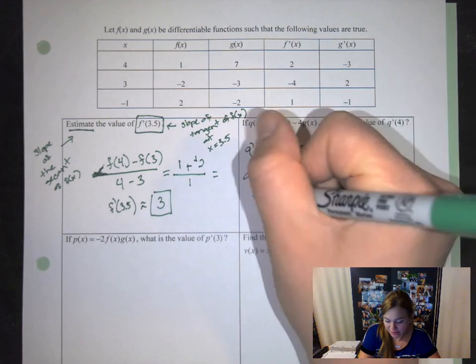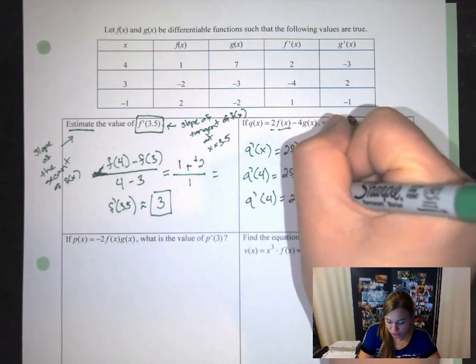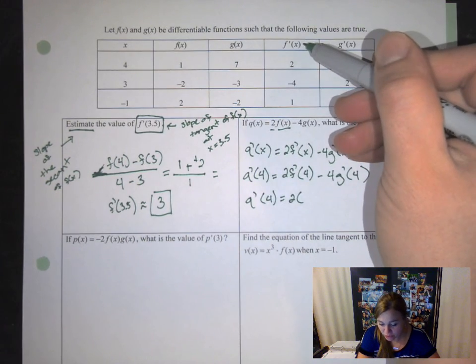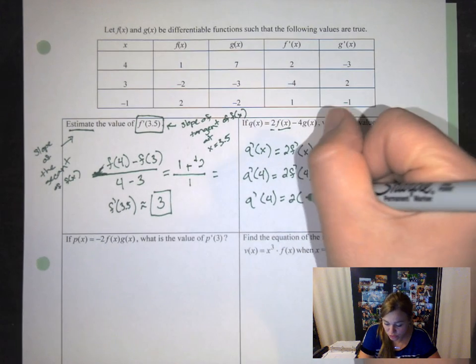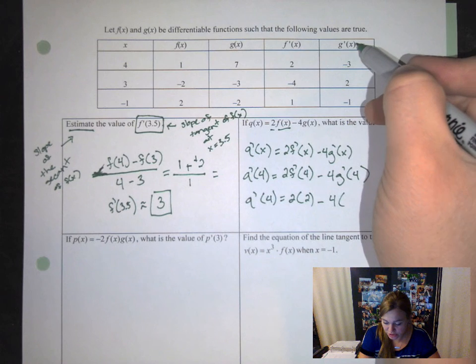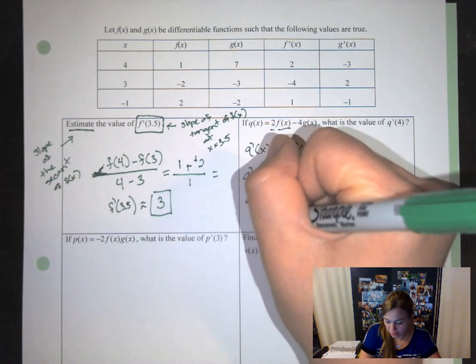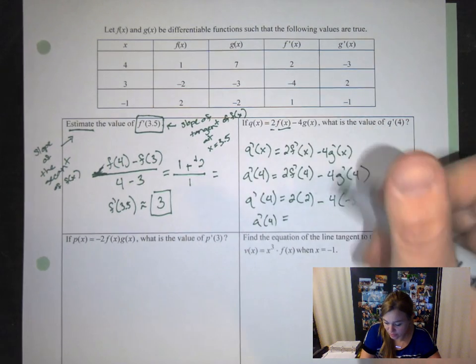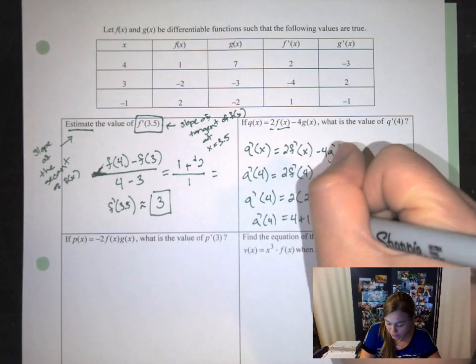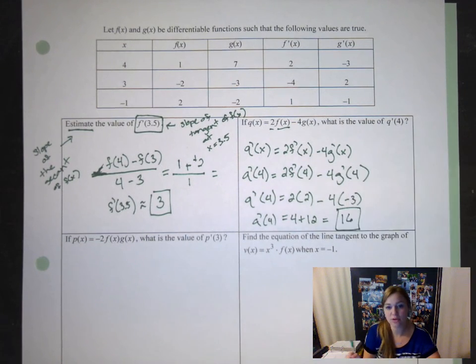And then it's just looking at the table. q prime of 4 will be equal to 2 f prime of 4. So go over here. f prime of 4 is 2, minus 4 g prime of 4. g prime is over here. Of 4 is negative 3. q prime of 4 is going to be equal to 4 plus 12. I get 16. Woo!